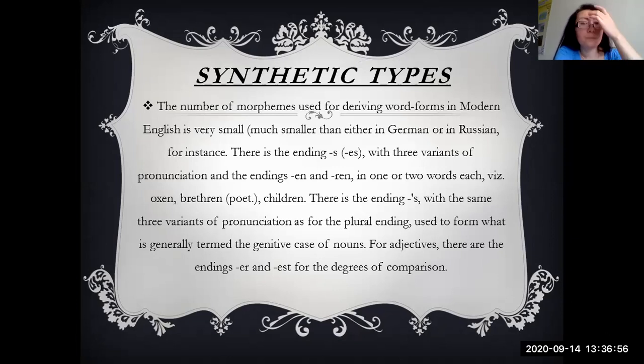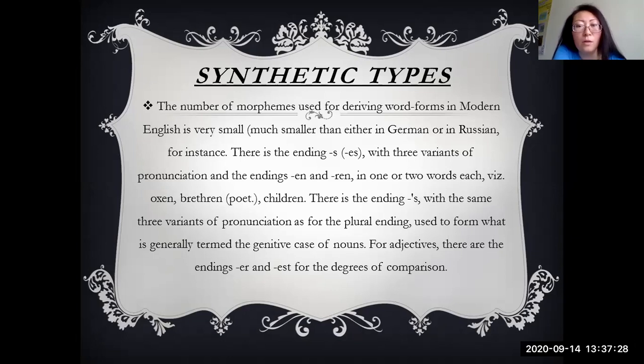So let's find out what are synthetic types. The number of morphemes used for deriving word forms in modern English is very small, much smaller than either in German or in Russian, for instance. There is the ending s, es with three variants of pronunciation, and the ending en and ren in one or two words each.